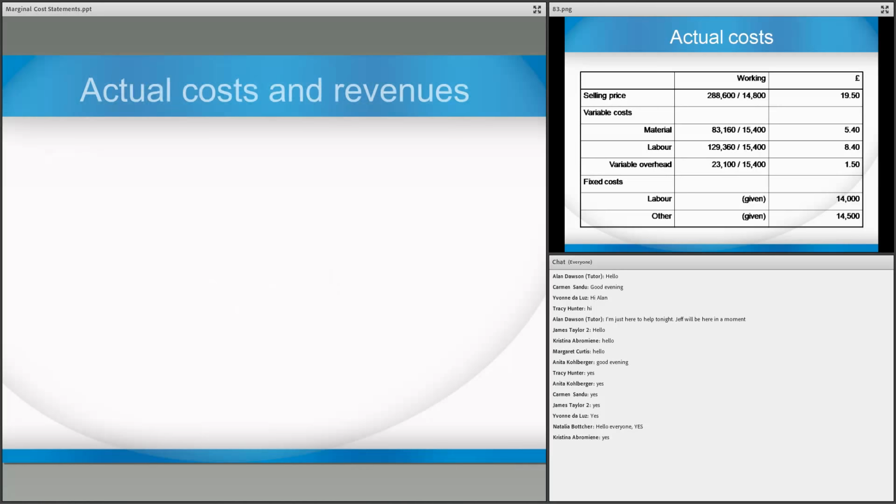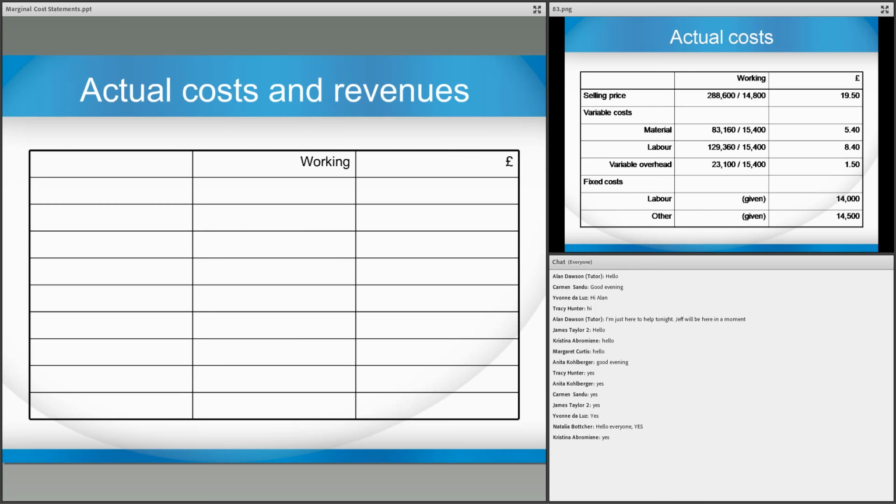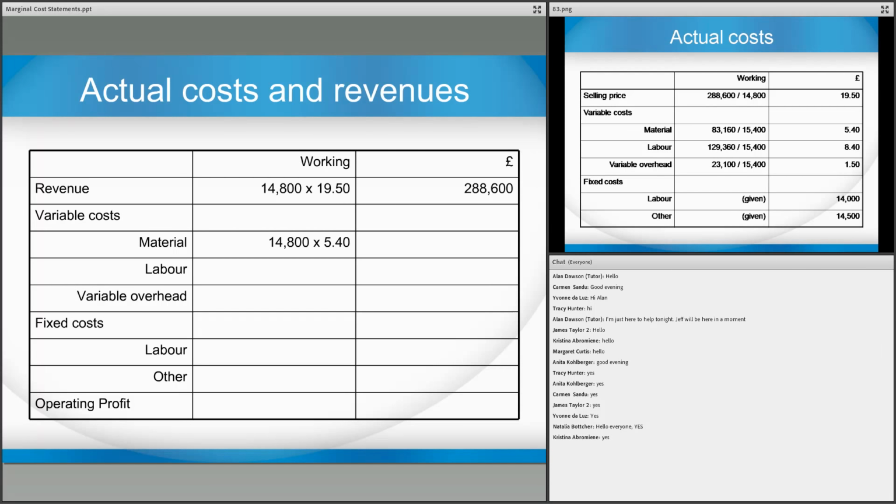So, once again, this time we're going to draw up a template, more or less the same layout yet again. This one we know because we were given it. Now, material: 14,800 times an actual cost per unit of 5.40 means 79,920 has gone into the product we've sold.